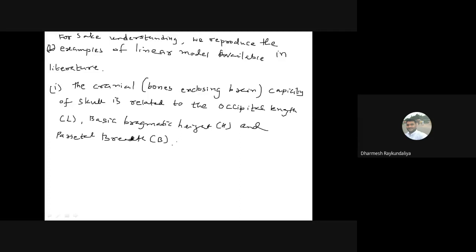Okay, so who can help you? This relation, that the cranial capacity of the skull is related with the occipital length, the brachiopragmatic height and the parietal breadth, a doctor who is working in orthopedics, an orthopedician, will suggest that these variables are related.